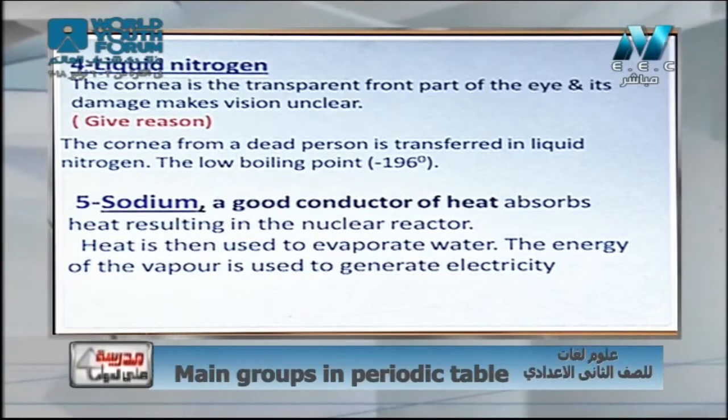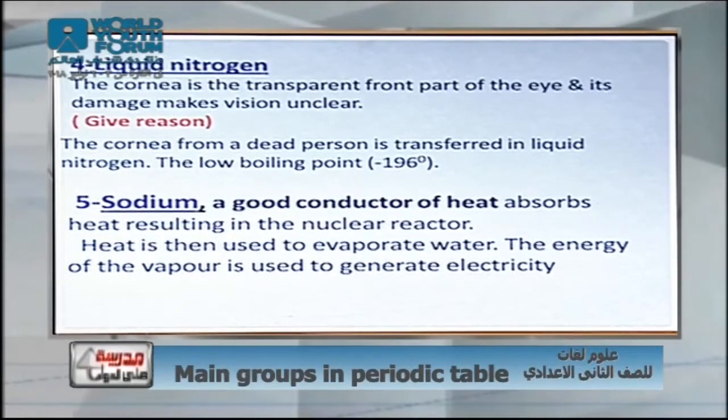Okay, let's have a quick revision on lesson 3. Lesson 3 started with group 1A and group 7A, then the inert gases, then the last point in this lesson was the uses of some elements. Group 1A is the first group we have explained.